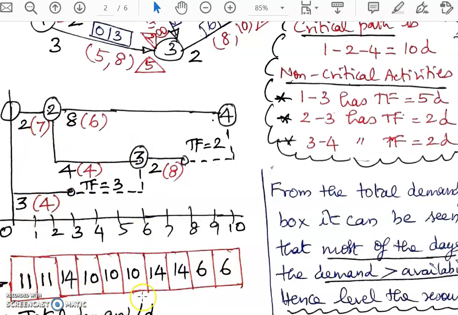As you can see, on most of the days the resource demand is exceeding the total availability of 8 machines per day. Here actually not manpower but machinery has been given. So 8 machines per day is the availability, but on most days the total demand is exceeding the total availability, and therefore we have to go for resource leveling.